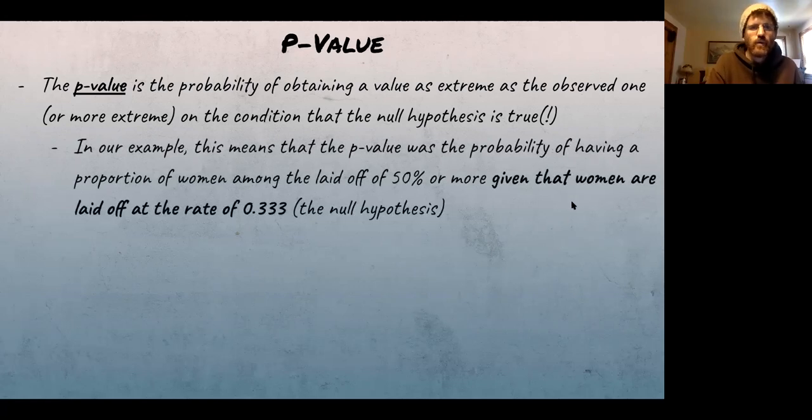Now, we did a simulation, and in our example, the p-value was the probability of having a proportion of women among those laid off at 50% or more, given that women are laid off at the rate of 33%. And we set up our scenario so that it was a 1 in 3 chance of being a woman laid off, and then a 2 in 3 chance that it was a male laid off.